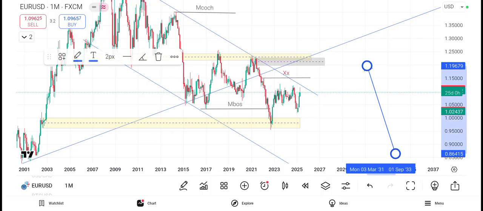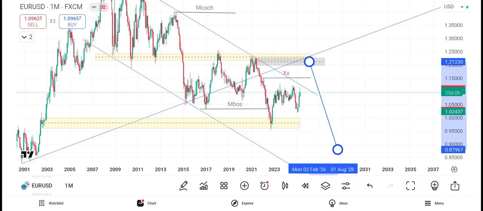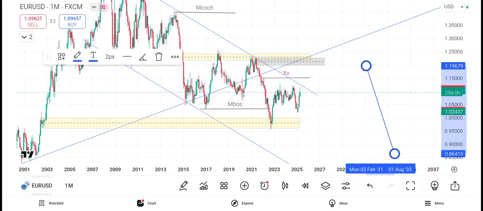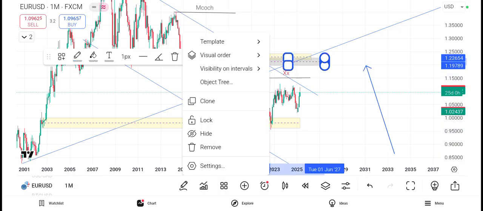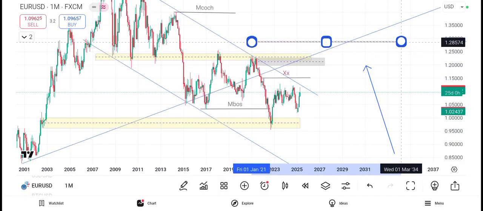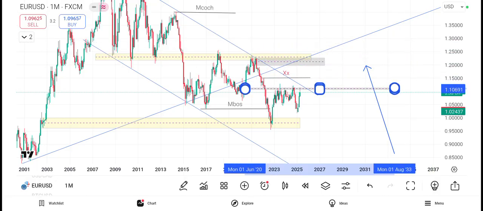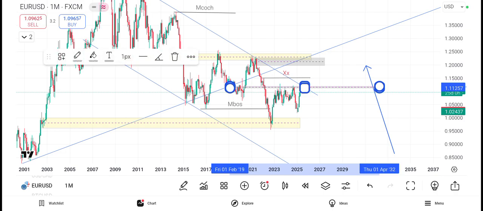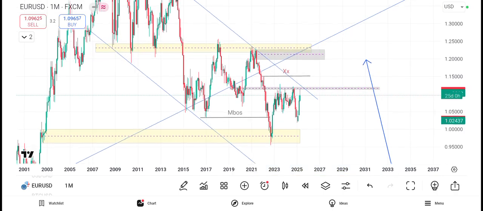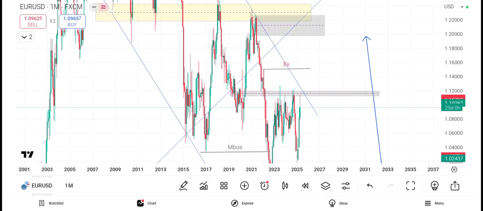In as much as we are expecting this level, we should not forget to pay attention to this minor resistance zone that price is rejecting from.